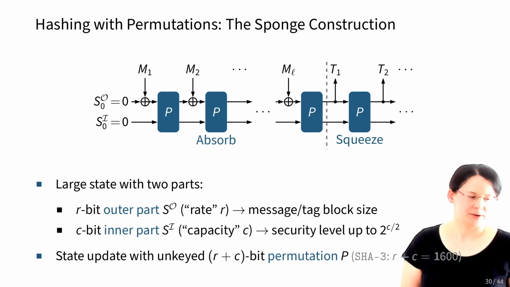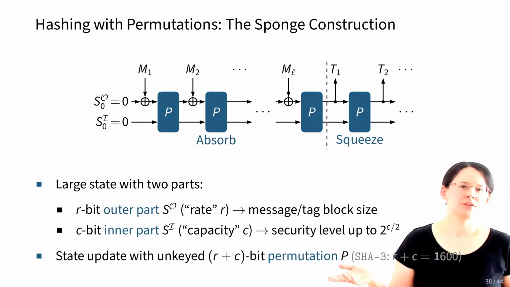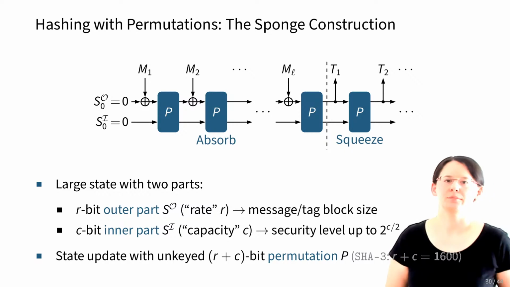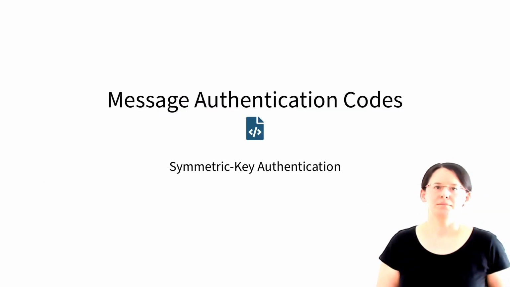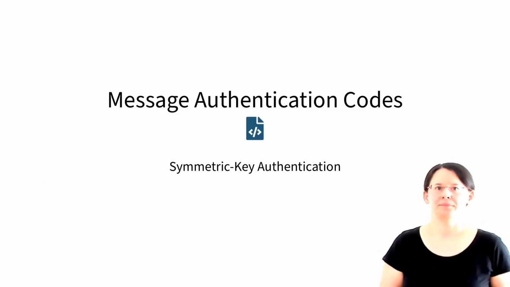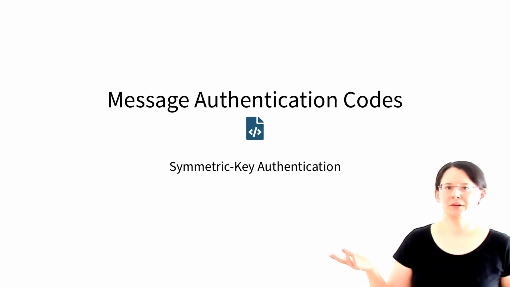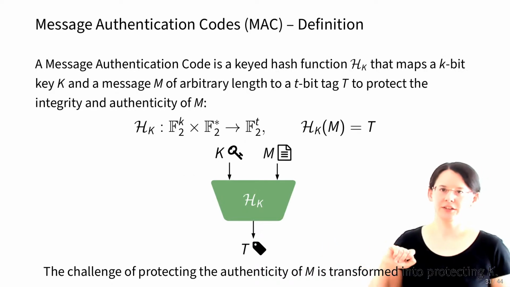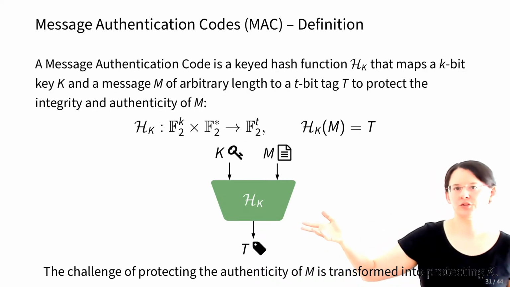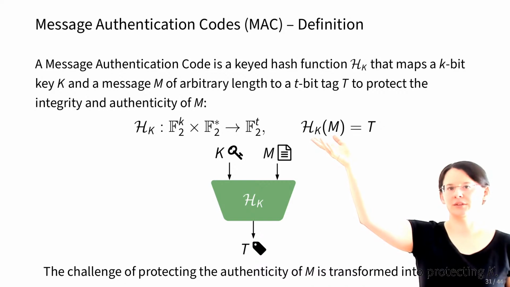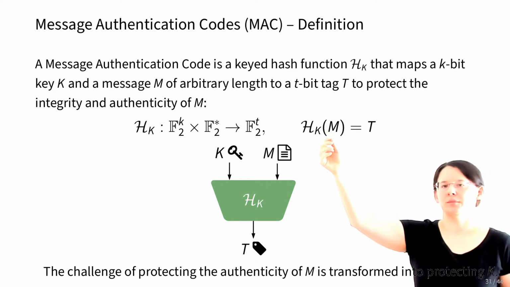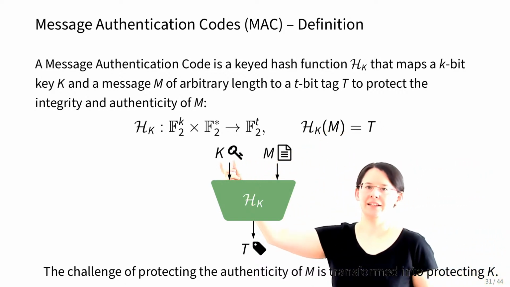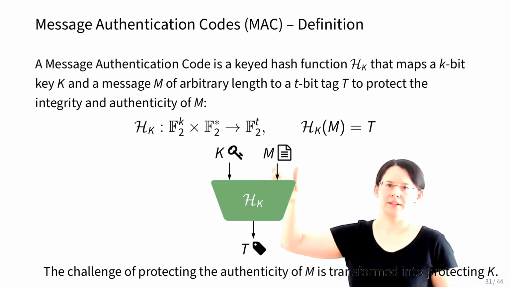Now let's jump over to not a different construction, but a completely different type of function, namely message authentication codes. So what is the difference between a message authentication code and a hash function? You will see that the picture looks somewhat similar and the mathy notation also looks similar, but the one difference is that we now add a key input in addition to the message.